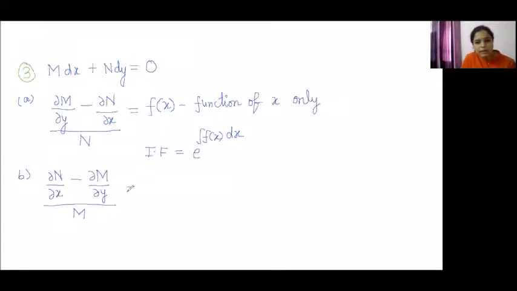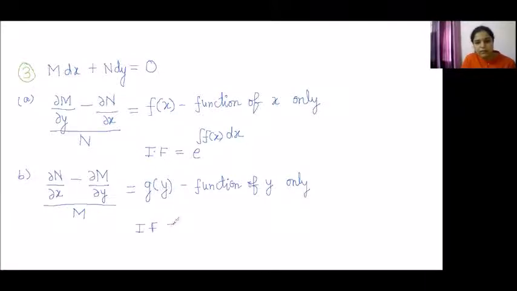If we are getting this as a function of only one variable, and now that variable is y, say g is the function, a function of y only, then we can proceed further.